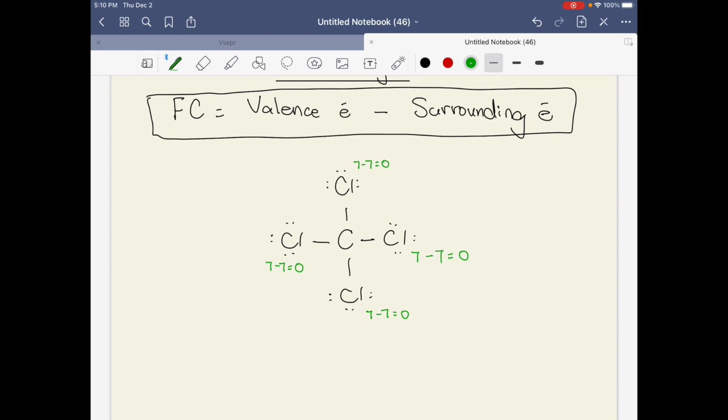Hey, take a look at the carbon. Let's see if carbon is the same. Carbon has 4 valence electrons. How many are surrounding carbon right now? Well, let's take a look. 1, 2, 3, 4. That's right. Carbon is also neutral. So, hey, no kidding that carbon tetrachloride is neutral.